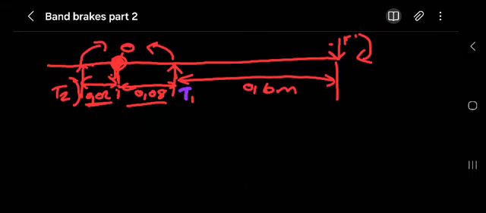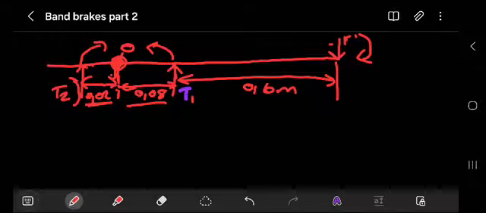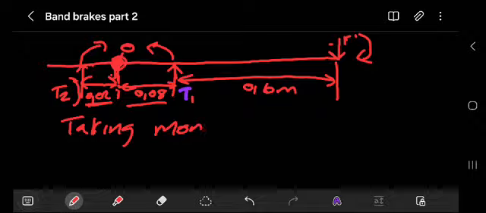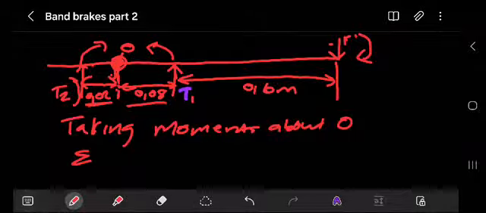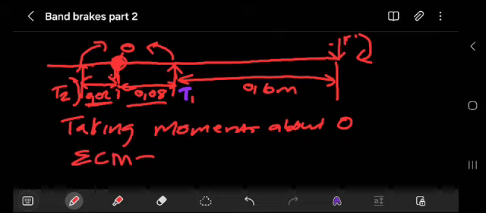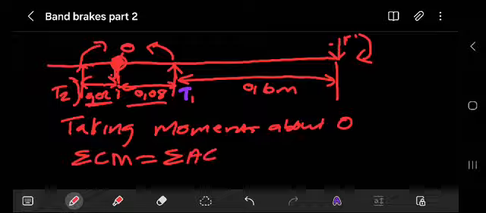Now we'll change just the moments. T1 and T2 will only change. Now the values will be the same. Taking moments, still we're taking moments at the pivot. The sum of clockwise moments must be the sum of anti-clockwise moments.